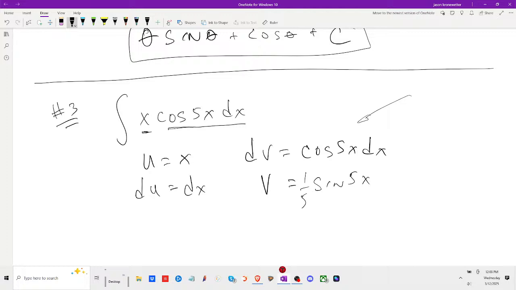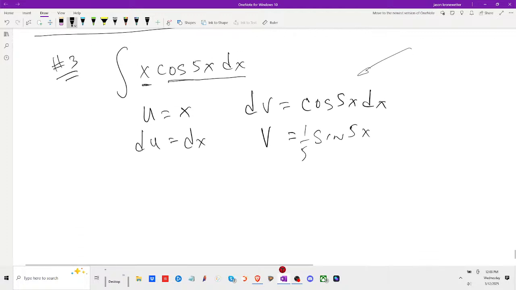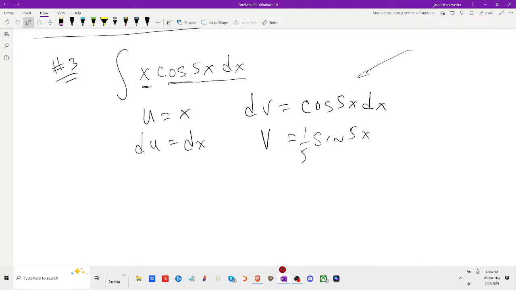So I'm going to put a 1/5 out there to compensate for that, so that when I take the derivative of v here, I get dv. Okay, I hope you're able to follow that. Because you don't want to sit here and do a u substitution, it just takes too long. Plus, you already have u's already. Okay, anyway, so let's do our formula now.